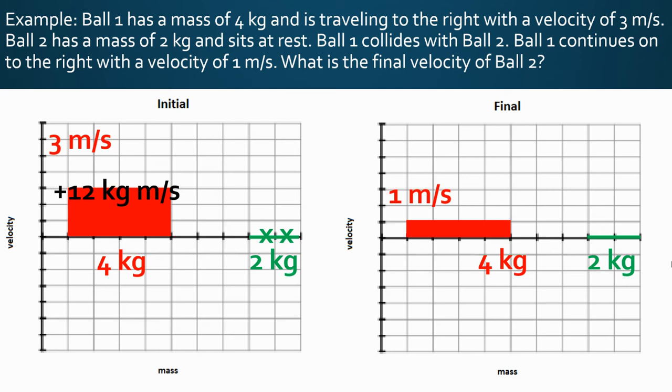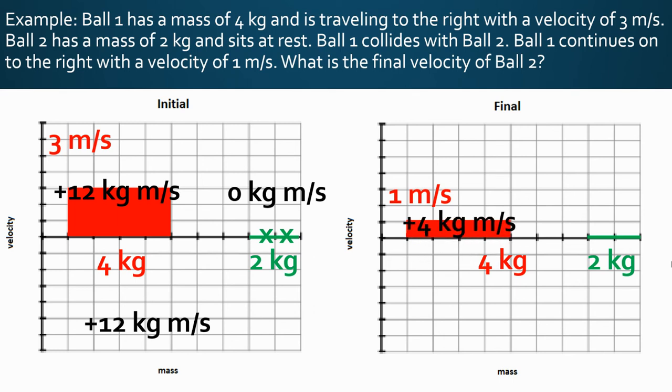If ball 1 has a mass of 4 kilograms and a velocity of 3 meters per second, it's going to have 12 kilogram meters per second as its momentum. Ball 2 is not moving, so it has 0 as its momentum. So if we look at the total momentum before the collision, we have positive 12 kilogram meters per second.